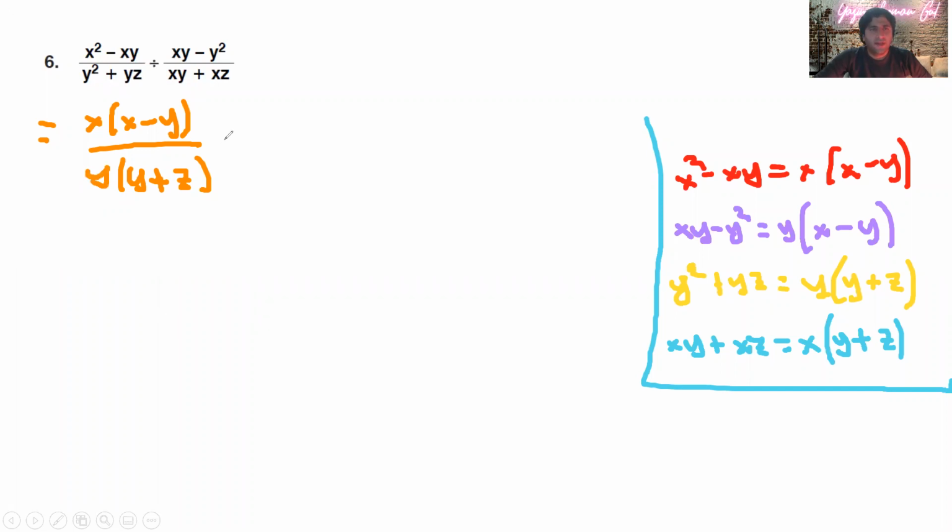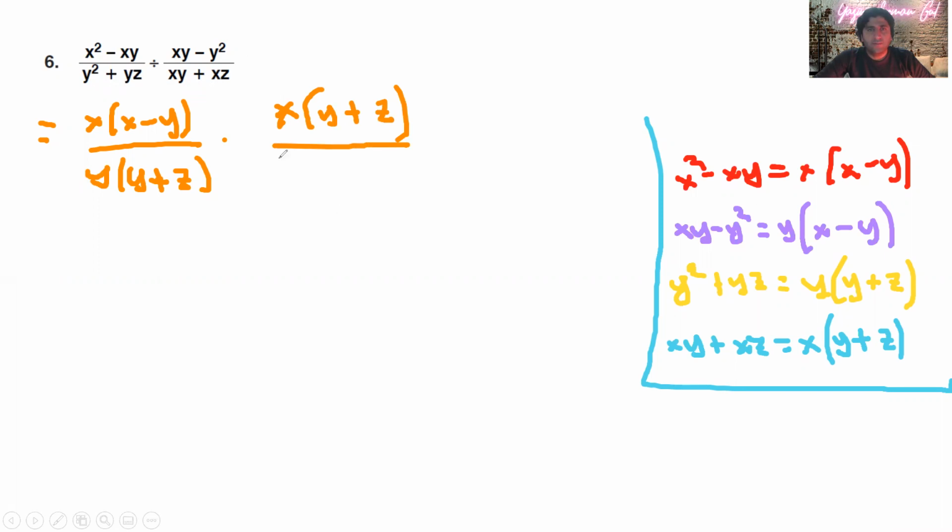So then this division, we're going to fill up this now, times xy plus xz. Let's see what we set for that. This is going to be x times y plus z over, now, xy minus y squared.